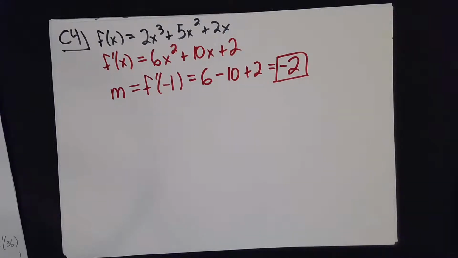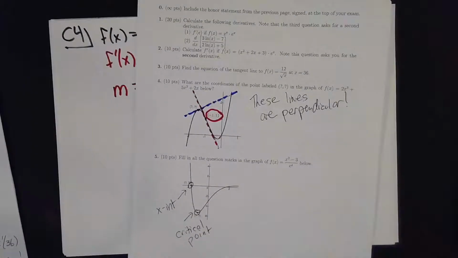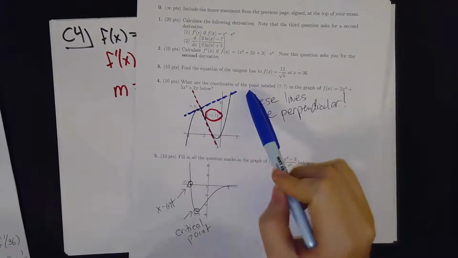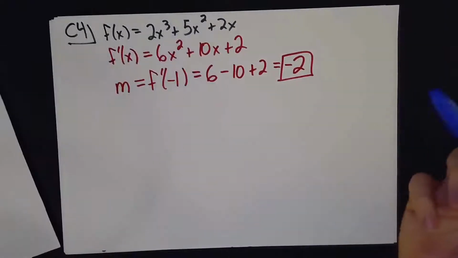Now, probably the first time you sat down to do this question, you're going to sort of reflexively find the equation of the red line, because you know how to do that. But I don't actually need the equation of the red line. I only need the slope of the red line. So once I have that, I now know the slope of the blue line, because it's perpendicular.